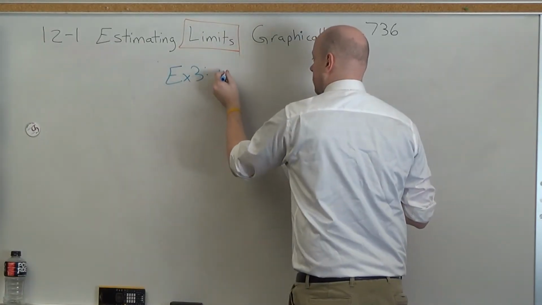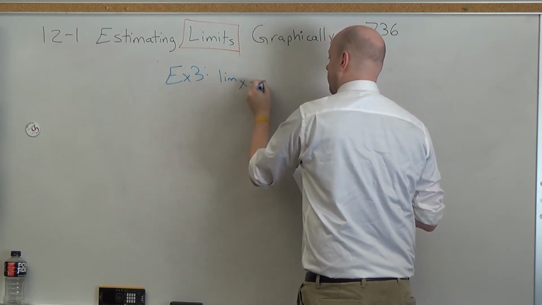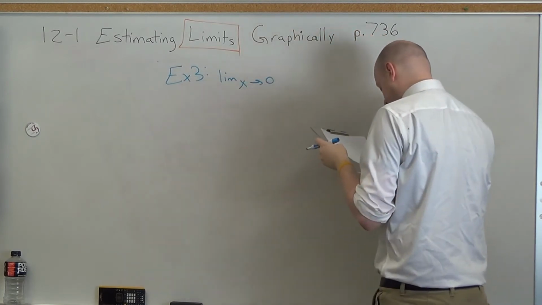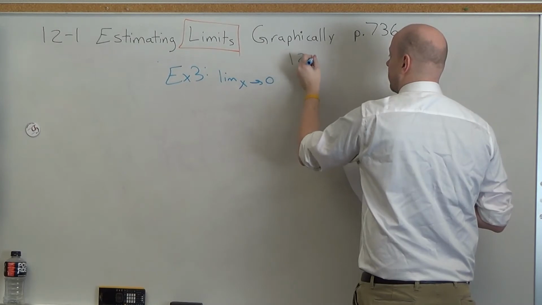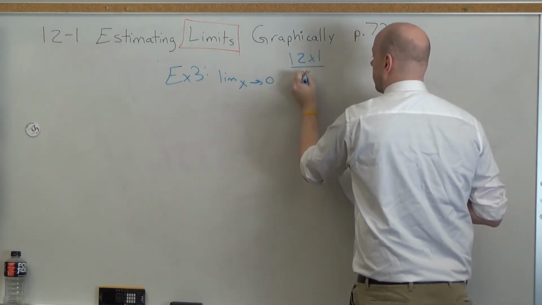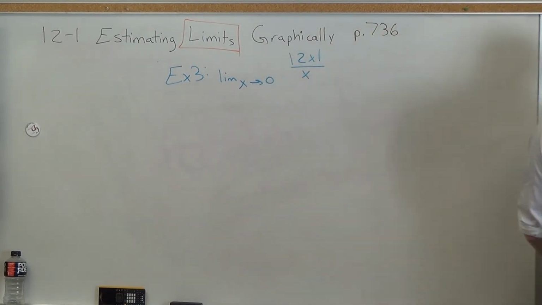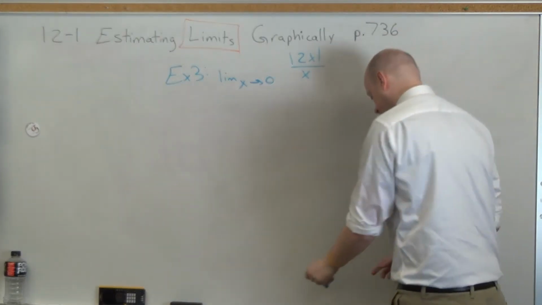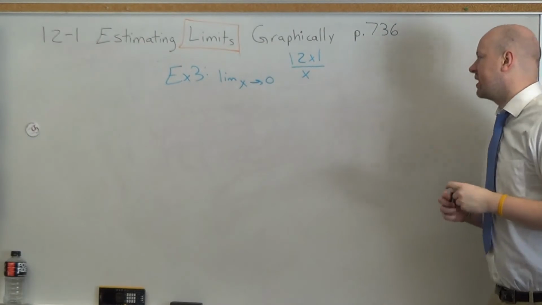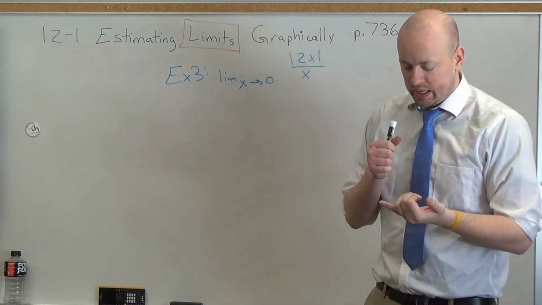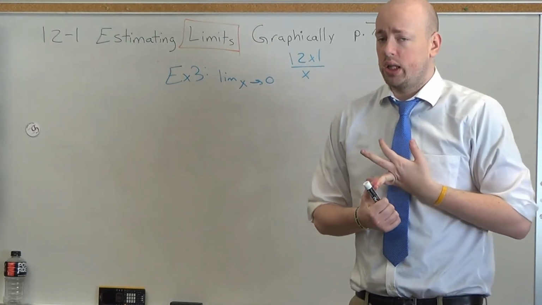The limit as x approaches 0 for the function absolute value of 2x over x. Now again, there's a couple ways I can go about doing this. The big ones being, again, graphically and algebraically.